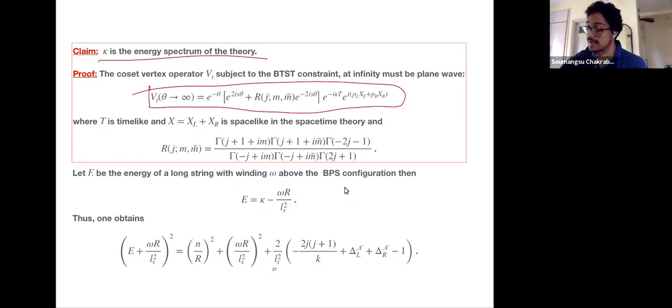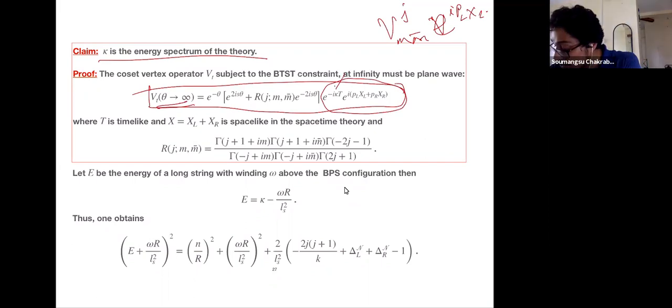After all the dust settles, because there is a formula for this VJM bar from 25 years ago, you take this formula, multiply with e to the power IPL X left and e to the power whatever you need to add, take the radial direction to infinity, and you get a plane wave. This coefficient should be the energy. That's why I claim that kappa is indeed the energy.